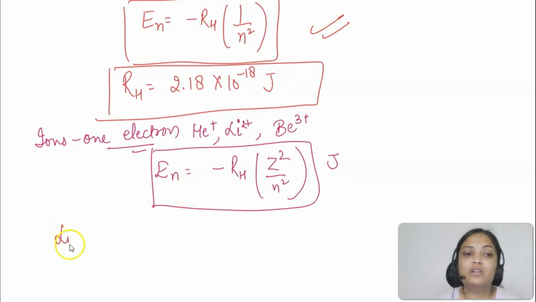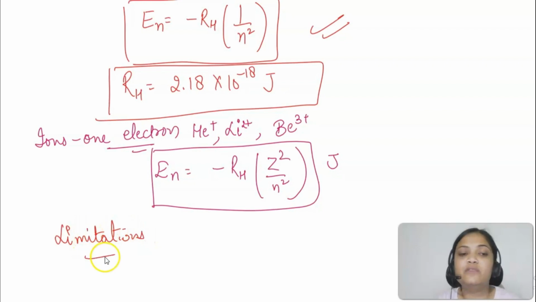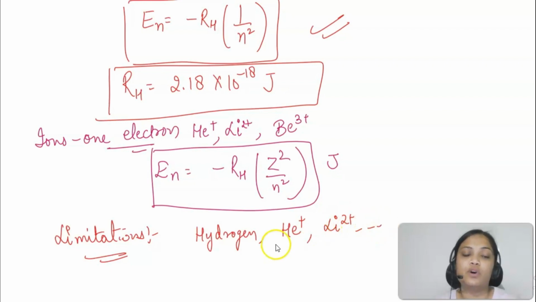Although Bohr's model was a modified version of Rutherford's atomic model, there were certain limitations, students. It was valid for only hydrogen atom or hydrogen-like species like He+, Li2+ and so on. And it could not explain the splitting of these lines.